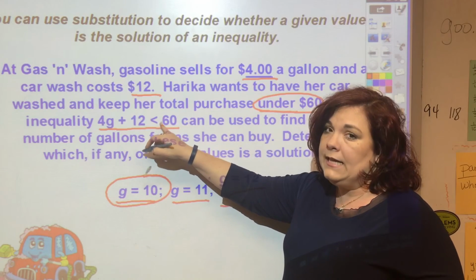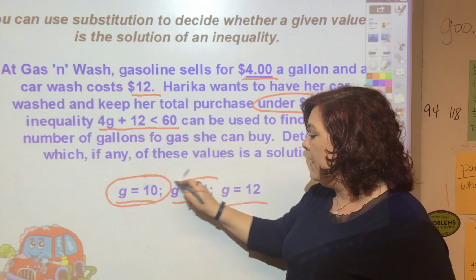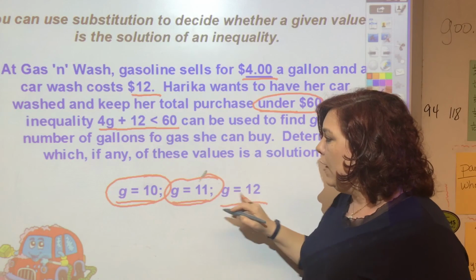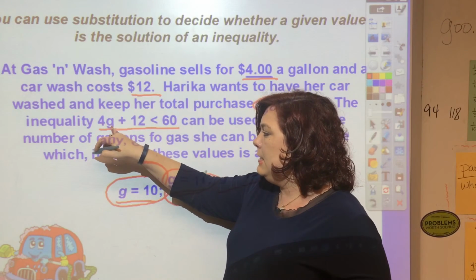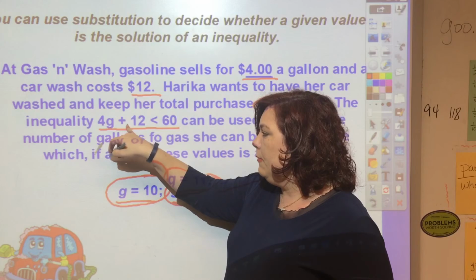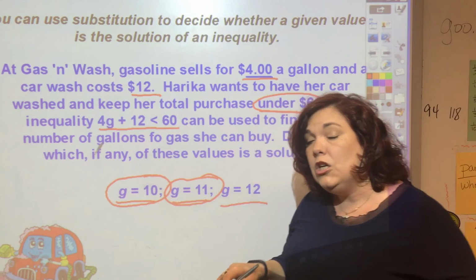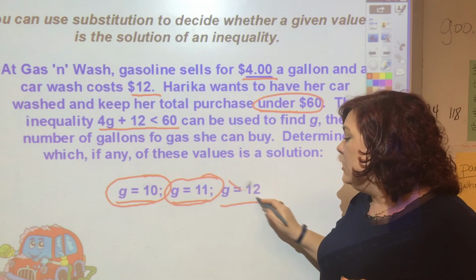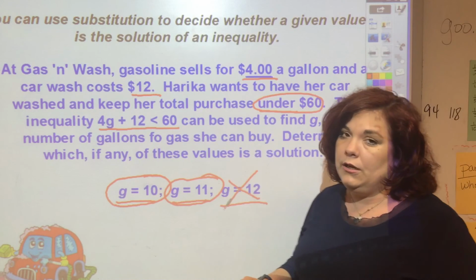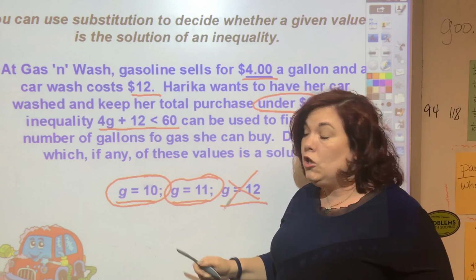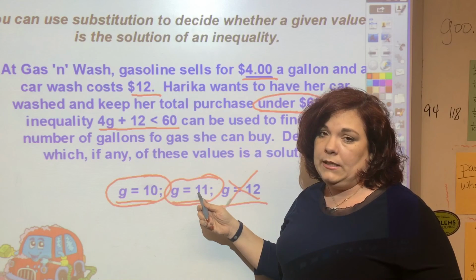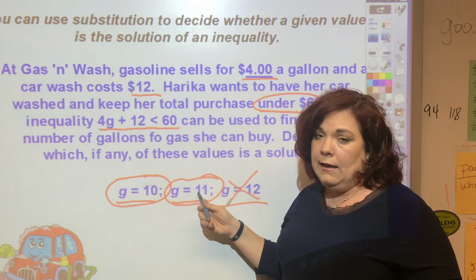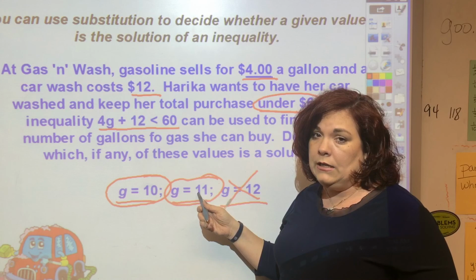That is less than 60, so she can buy 11 gallons. 12 times 4 is 48, plus 12 is 60. She can't spend 60. She said less than 60. So 12 is not a solution. So this is how you can use the answer choices to determine if an inequality is true.